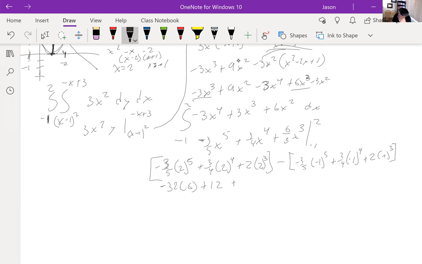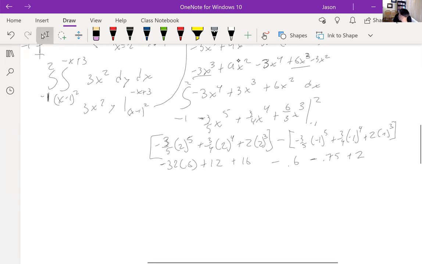This is going to be 8 times 2, which is 16. This is going to be positive 0.6. So this is going to be minus a minus a minus. So that's negative 0.6. Okay, and then this is going to be positive 3/4. So that's going to be negative 3/4, which is 0.75. And then this thing's going to be a negative 2, but then we're going to distribute the negative, so it's a positive 2.